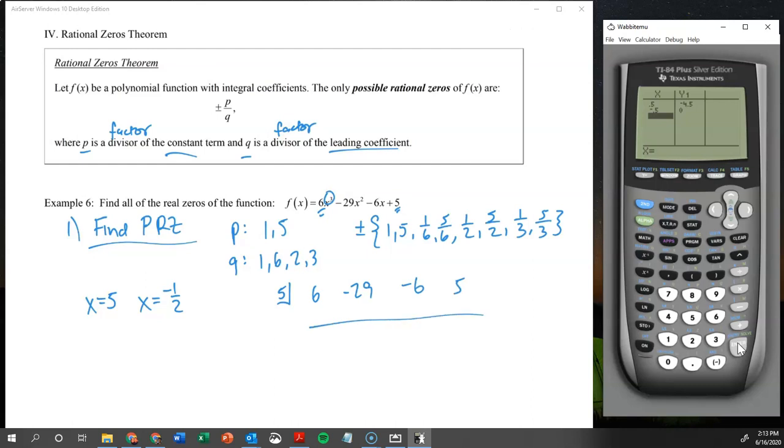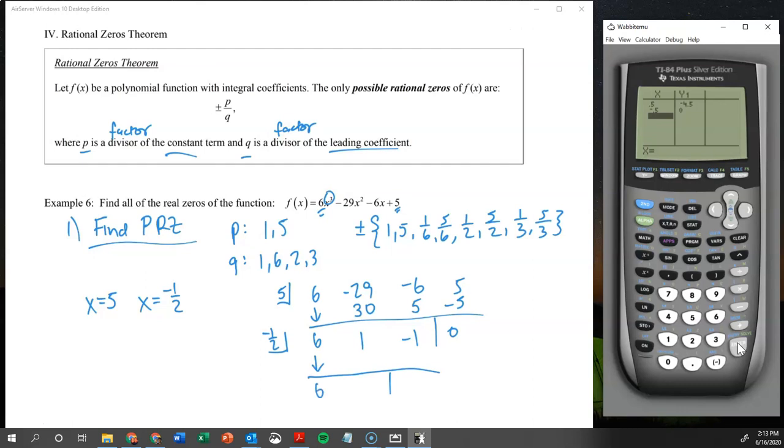Leave a little bit of space and drop down the first number. 6 times 5 is 30. Add to -29, that gives you 1. 1 times 5 is 5, and so that's going to be -1. And -1 times 5 is -5, for a remainder of 0, just like we anticipated since we got that number from the calculator. Now take your other 0, -1/2, and synthetic divide by it as well.